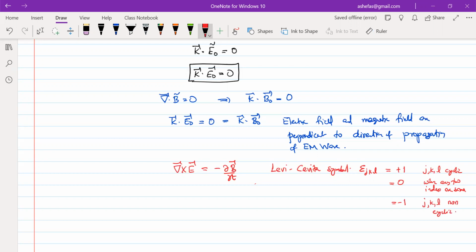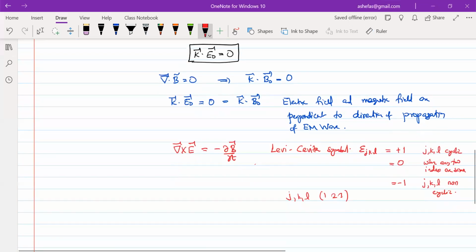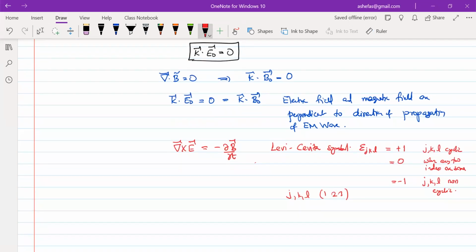Okay, so I will give an example. Suppose this j, k, l can take values 1, 2, 3, or any value from 1 to 3. Or instead of 1, 2, 3, better put x, y, z.